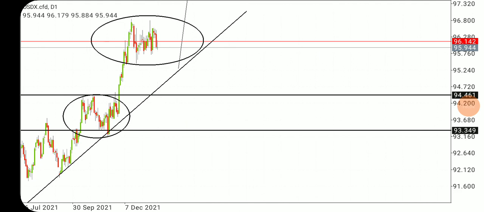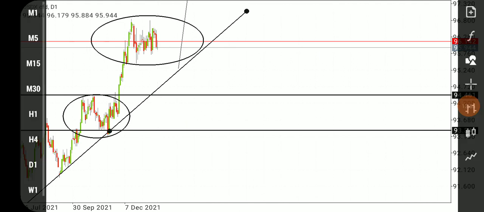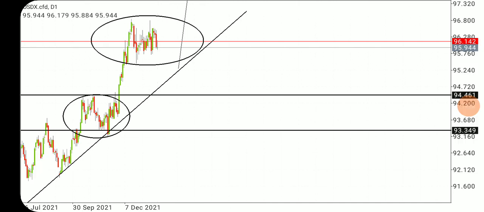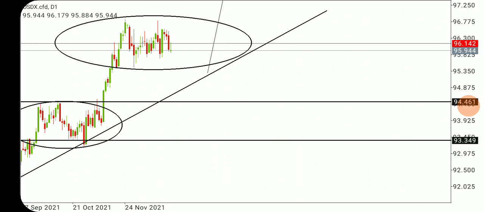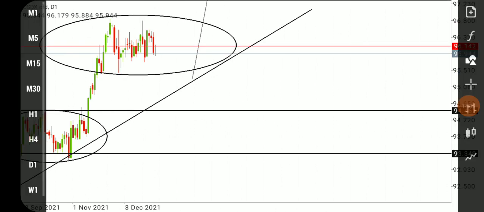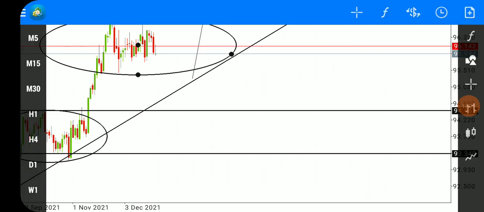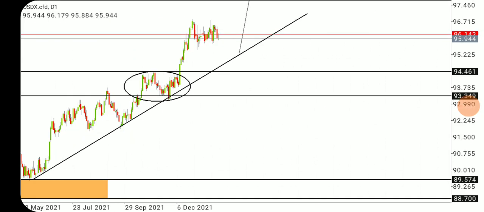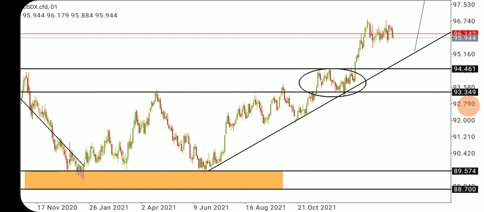let me actually remove this ellipse now. Hey, come on, how do I actually, yeah. You see, so now the dollar is going to play around.